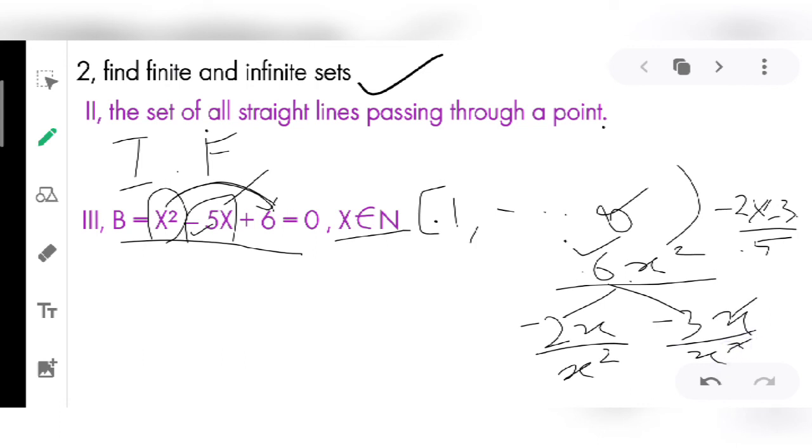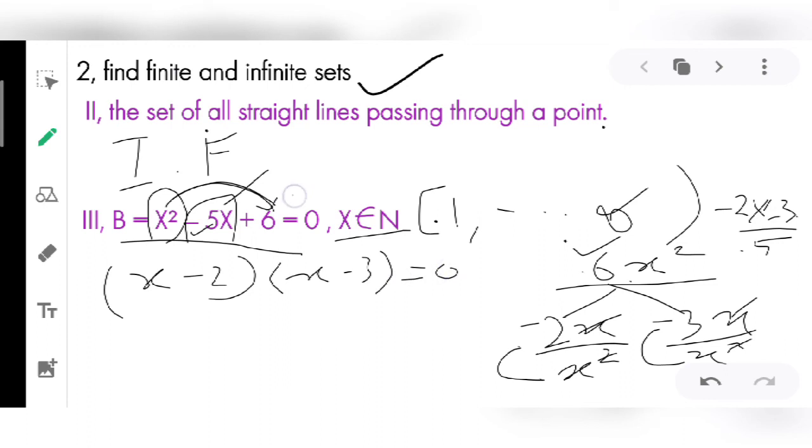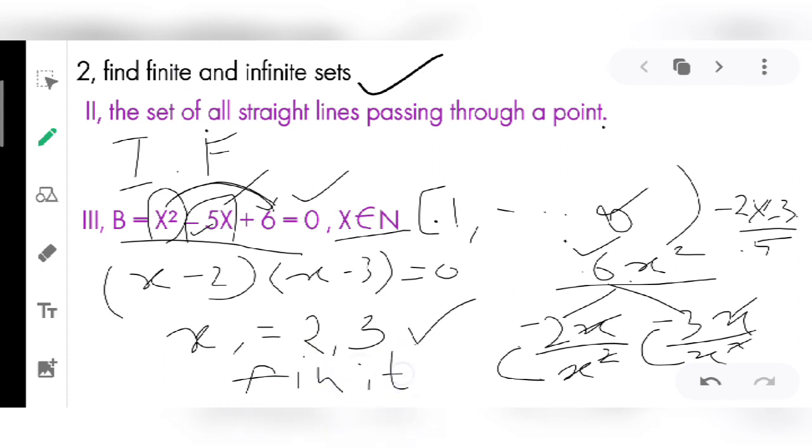So x is cancelled, and we have x minus 2 and x minus 3 as factors for this equation, which gives the values of x as 2 and 3, which are also natural numbers. Okay students, so this set is called a finite set because it has only 2 elements and is countable.